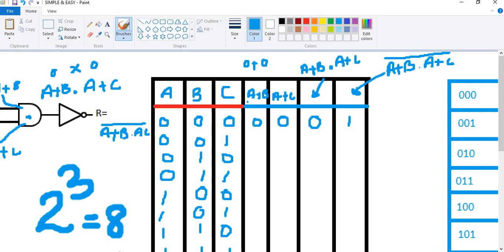Now A has a value, so it's 1, doesn't matter if B is 0. C has a 1 too, so it is 1. So 1 into 1 is 1, the opposite of 1 is 0. Here A and B have values, so it is 1, but C doesn't.